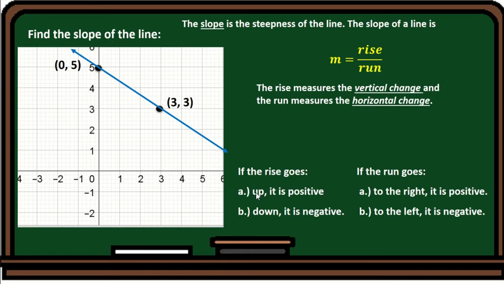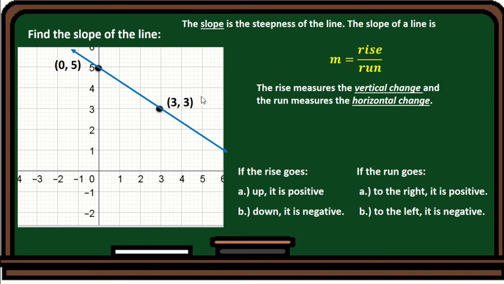Pag nag-count ka naman pababa, your rise is a negative number. While for the run, which is left or right na direction, if nag-count ka papuntang right, your run is a positive number. Pag nag-count ka papuntang left, your run is a negative number.